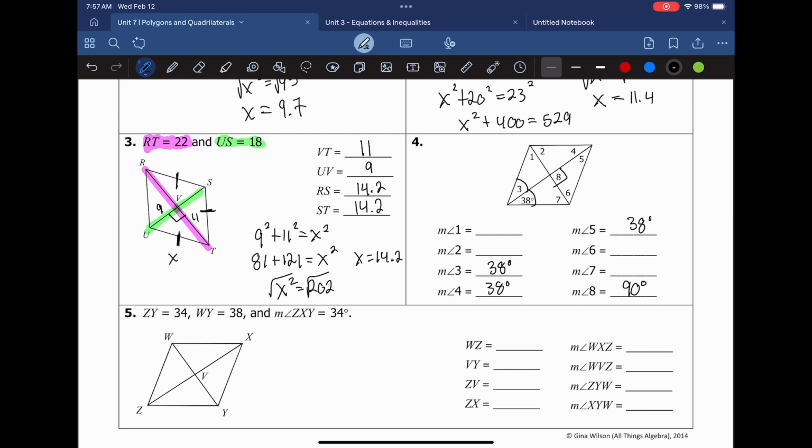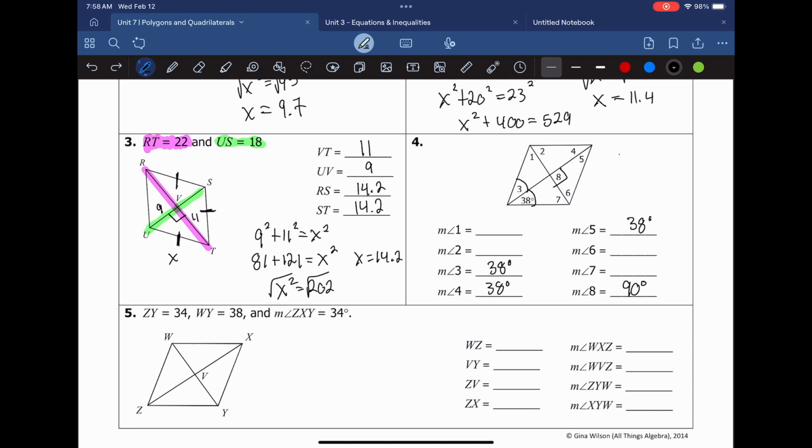The other thing would be, now that you know 5, you can get 6. Because you know what 5 is and you know what 8 is. It's 90 degrees. So that means you have two options here. You could either say, okay, 5, 8, and 6 all add up to 180 degrees, or 5 and 6 just have to get to 90 degrees because this is already 90 degrees, and that's how you're going to get all the way to 180.